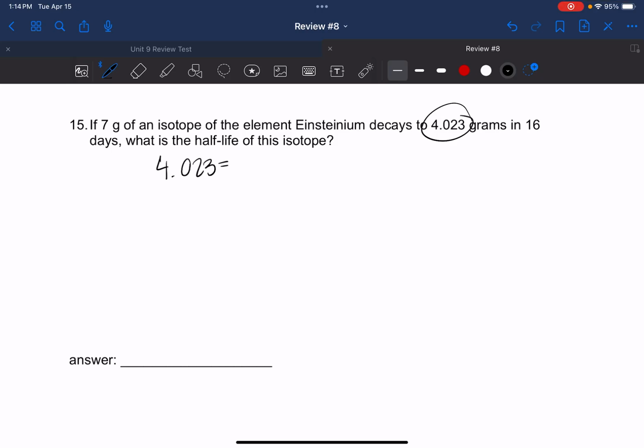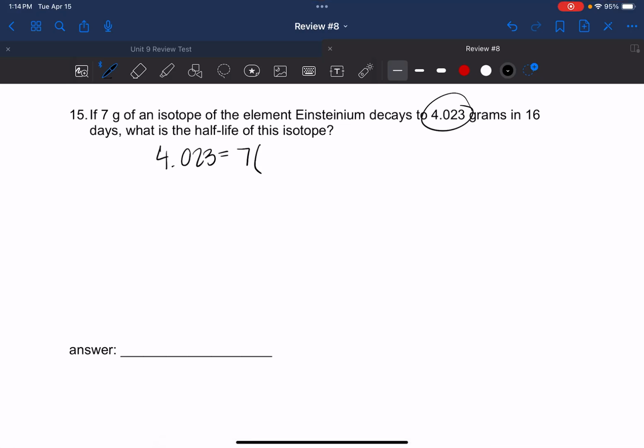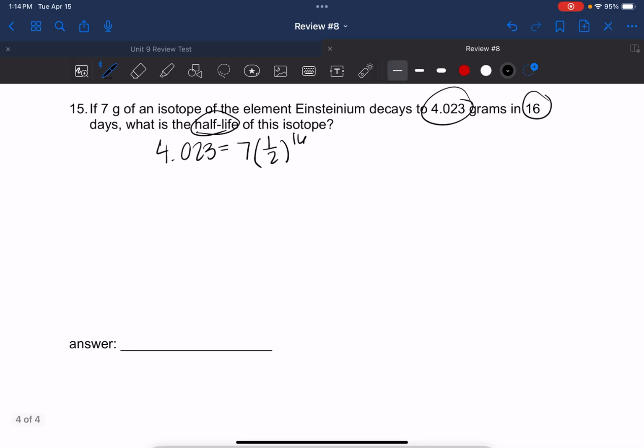And that should be equal to the initial amount, which was 7, times your base, which is going to be one half. And then we raise that to t divided by k. So t, in this case, they said was 16 days, but we're looking to figure out what k is.